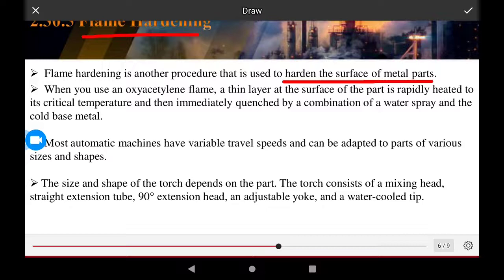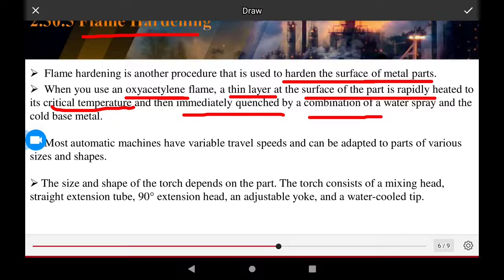When you use an oxyacetylene flame, a thin layer at the surface of the part is rapidly heated to its critical temperature, then immediately quenched by the combination of a water spray and the cold base metal.